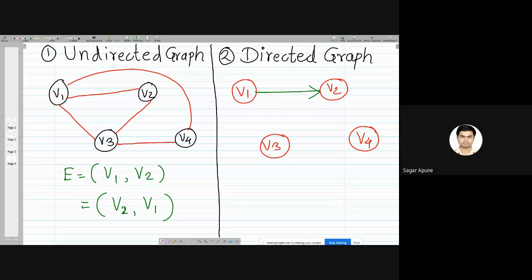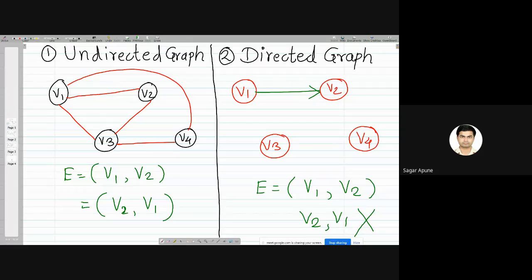But in a directed graph, we can read it as edge is equal to V1 comma V2. We cannot read it in the opposite direction V2 comma V1. It is wrong because the direction specifies there is a direction from V1 to V2.